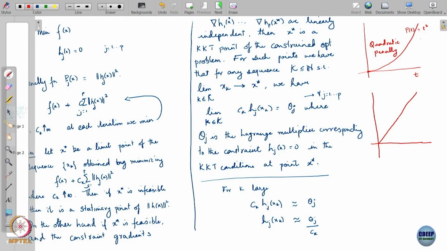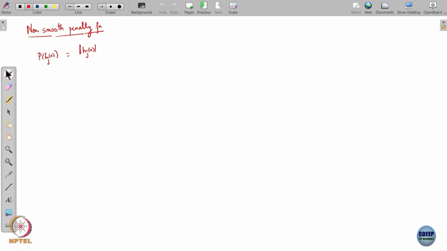But for smaller values, the penalty in the absolute value, or the L1 penalty, is larger, because for smaller values of t, the absolute value of t would be greater than t square, right. So, this is the thing that we want to end up exploiting.